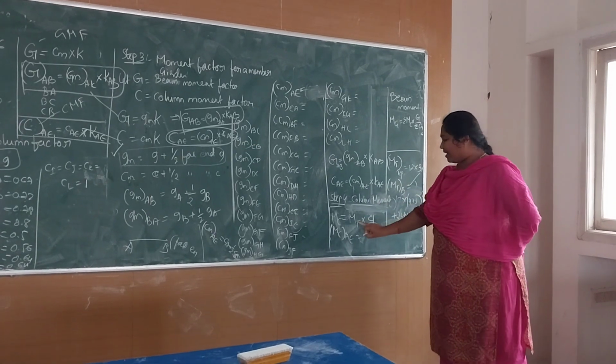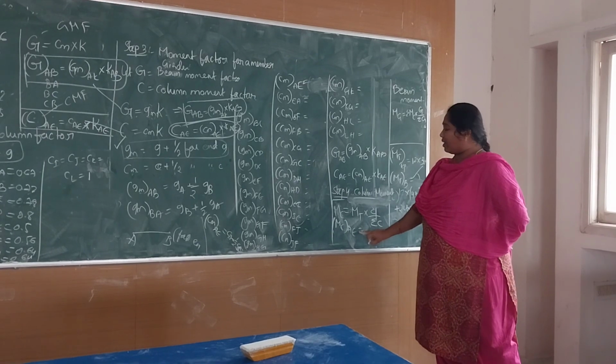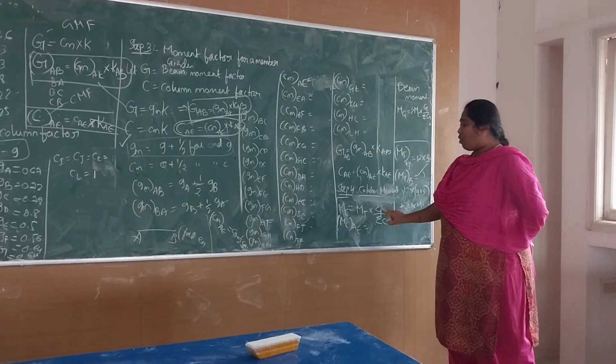Now, after calculating these values, what should we do? Substitute these values in MT for the top floor. Whenever you want to calculate for the bottom floor, use bottom values. Now, what is C?